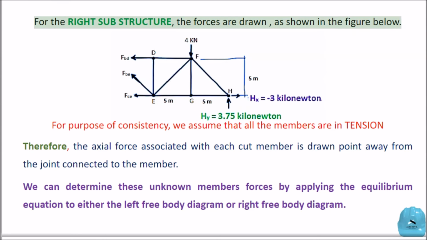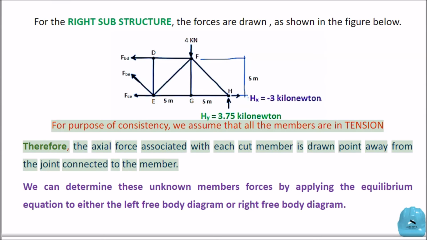For the right substructure, the forces are drawn as shown in the figure below. For the purpose of consistency, we assume that all the members are in tension, therefore, the axial force associated with each cut member is drawn pointing away from the joint connected to the member.